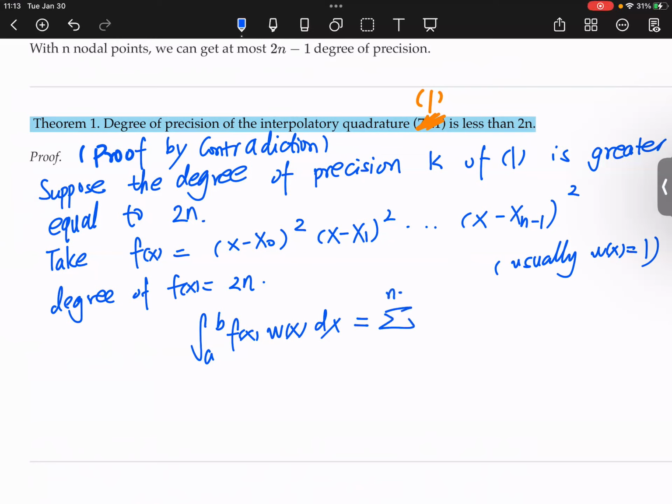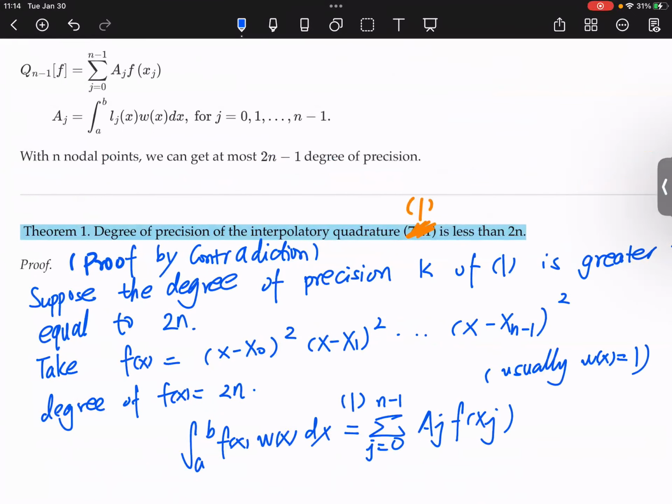If this is an exact formula, and this is the quadrature rule, then we use the sum of Aj f(xj), where Aj is computed this way: the integral of the basis function Lj(x) on [a, b] with the weight function. And this is Aj, and this is f(xj).